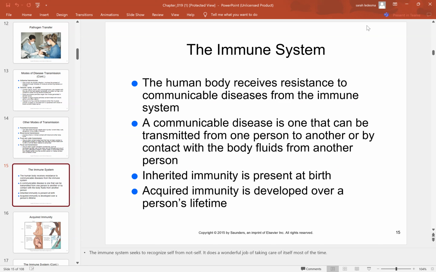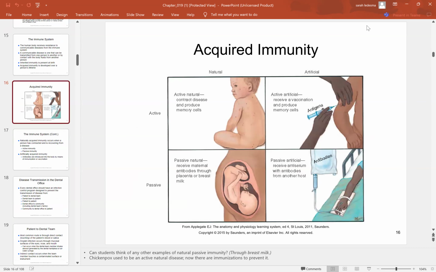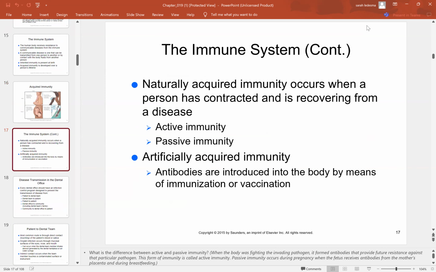Inherited immunity is present at birth, and acquired immunity is developed over a person's lifetime. Naturally acquired immunity occurs when a person has contracted and is recovering from a disease. Artificial acquired immunity occurs when antibodies are introduced into the body by means of immunization or vaccination.